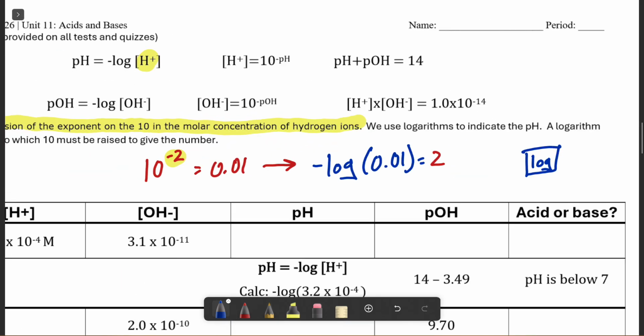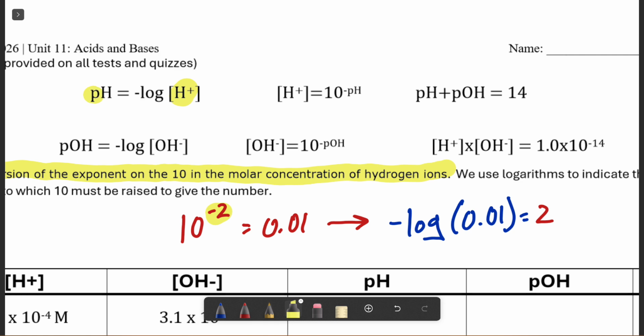How do we use logs? Well, pH is equal to the negative log of the concentration of hydrogen. So if my concentration of hydrogen is 10 to the -2 power molar, then all I have to do is stick that number in here, and that's going to give me a pH of 2, which is the lemon juice kind of concentration of hydrogen. pOH is the same thing, but with the concentration of hydroxide.